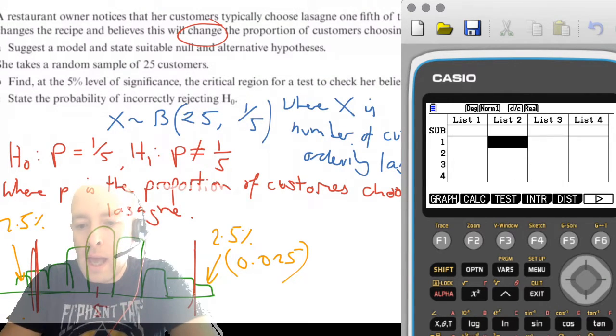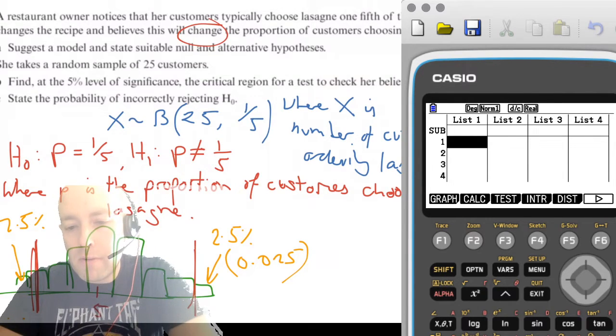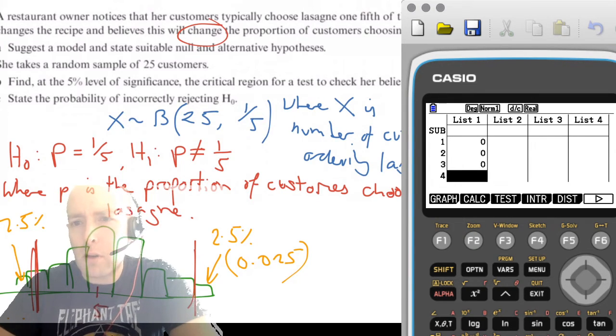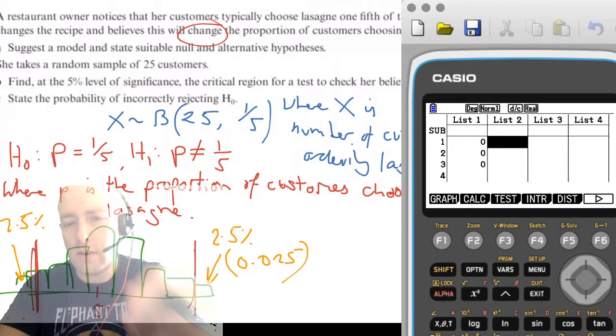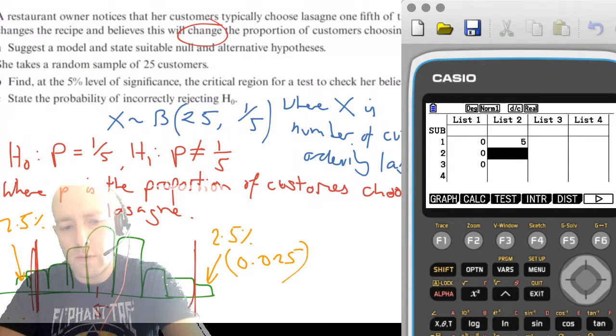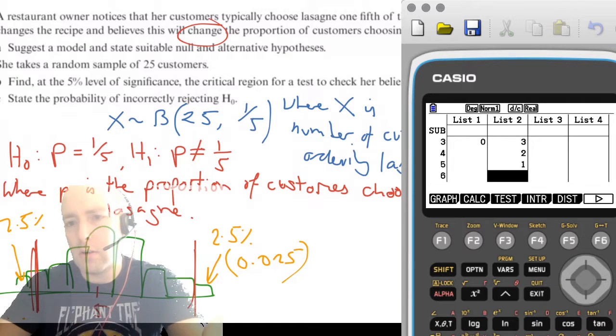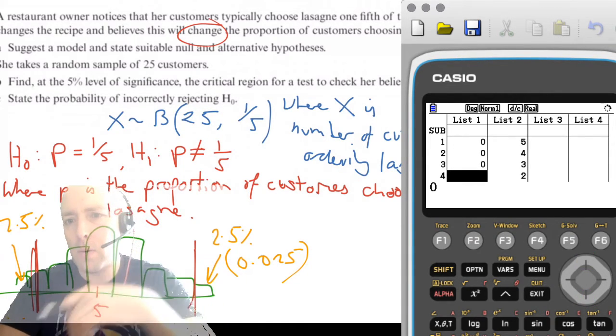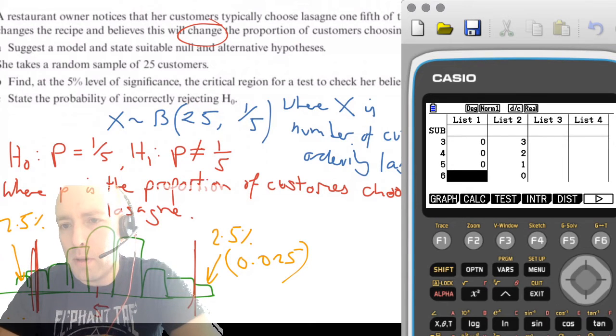Cool. And we're going to type in our upper and lower values. Remember on the ClassWiz, you don't quite do this, but this one we need to. So I think we'll go from 5 down to 0. So 5, 4, 3, 2, 1, 0.